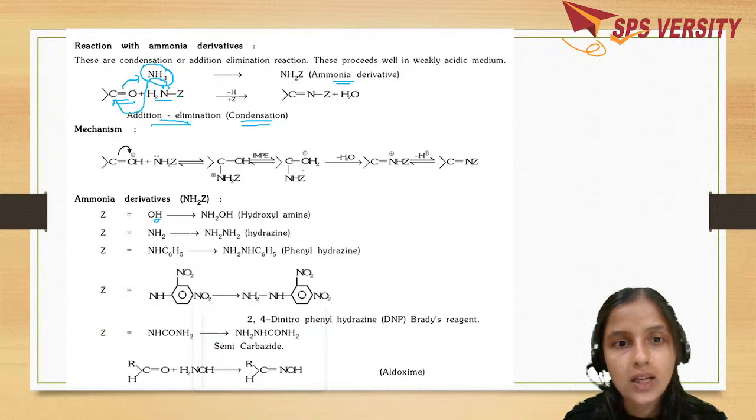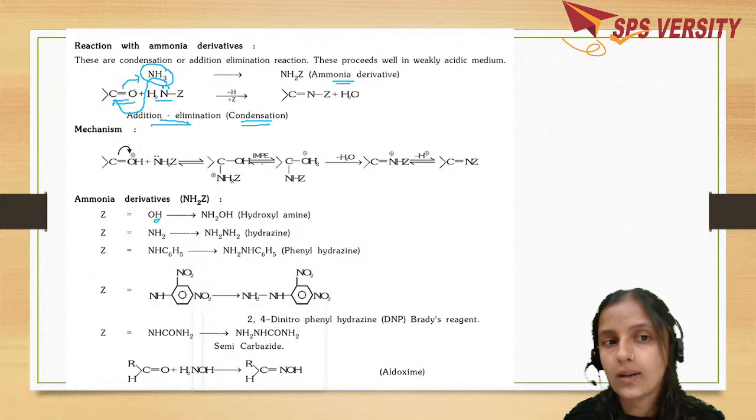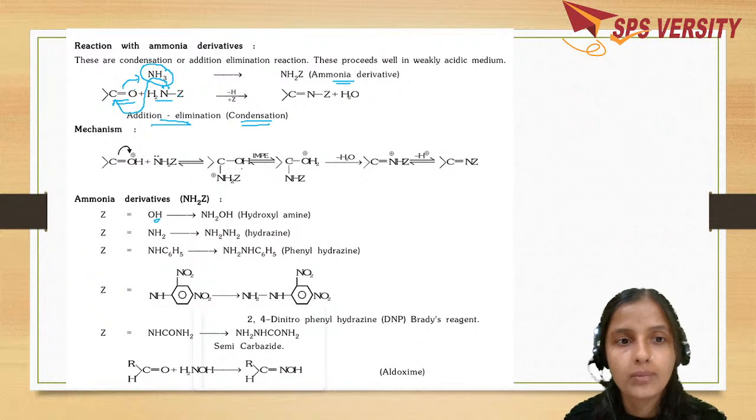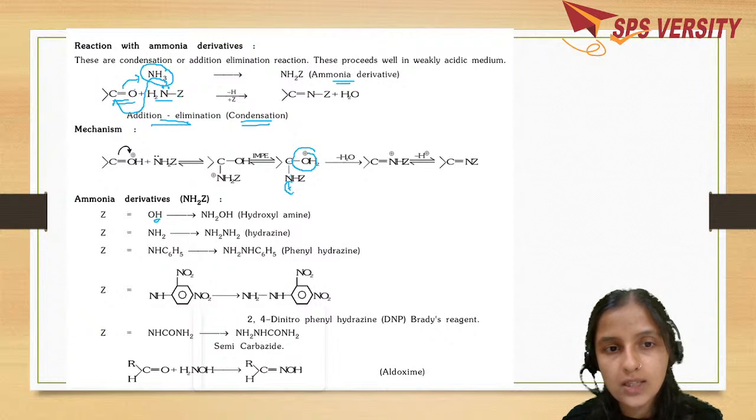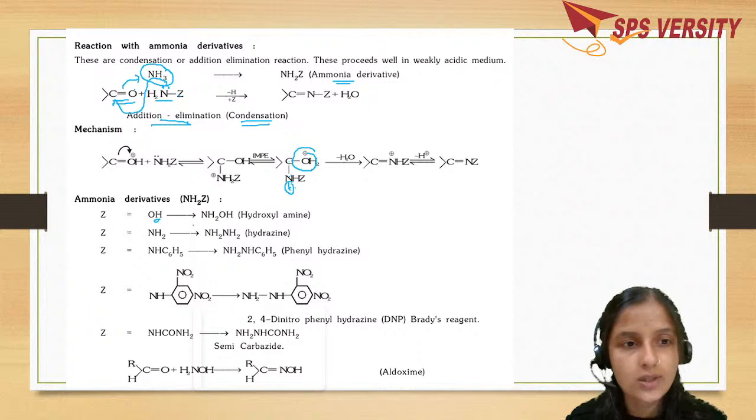Then this rearrangement and shifting takes place. The OH is going to take the hydrogen from here, resulting in the formation of NHZ. Then it will lose a water molecule, resulting in the formation of a double bond between C and N. Because of which this gets a positive charge, and to remove this positive charge, a proton will be removed. This is how the reaction is going to happen.